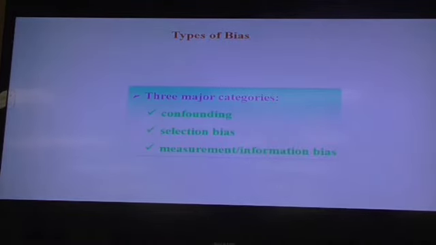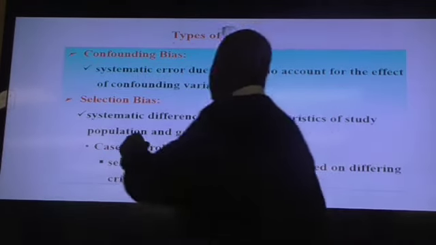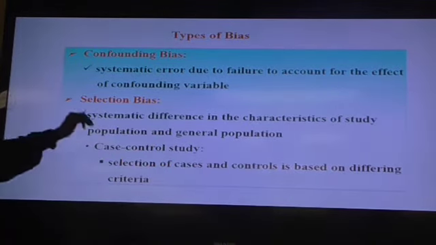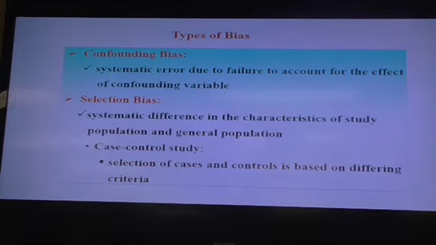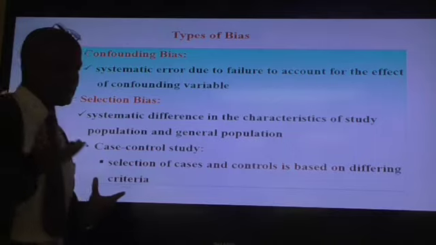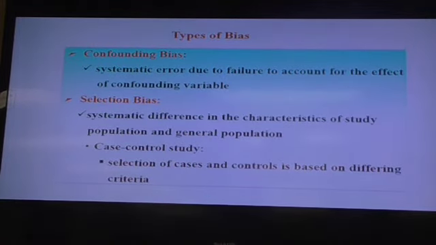Confounding, I think I talked about already, but selection bias is a systematic difference in the characteristics of the study population and the general population. In order to characterize the population, we take a sample, analyze it, and then infer back to the general population.